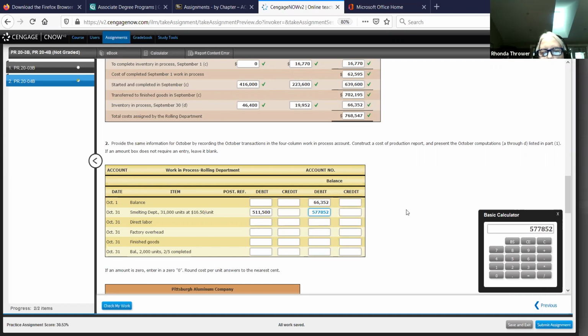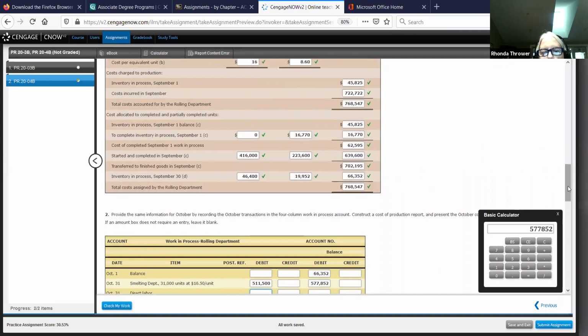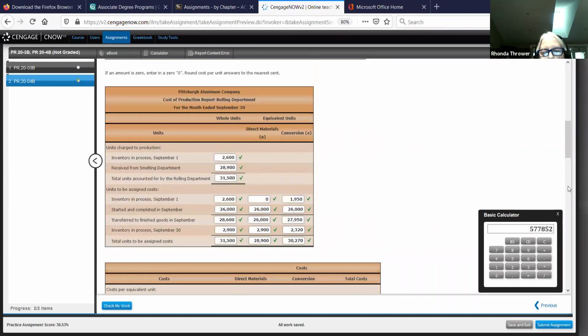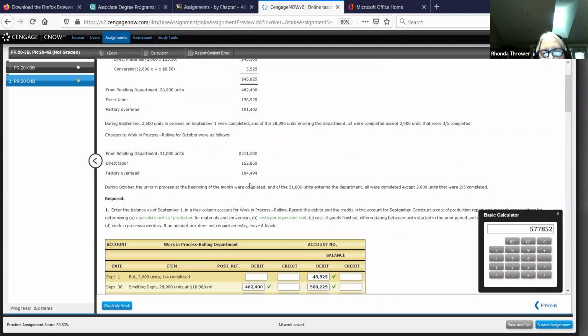Then we're going to add our direct labor to this. Our direct labor, make sure you're on October, is 162,850.